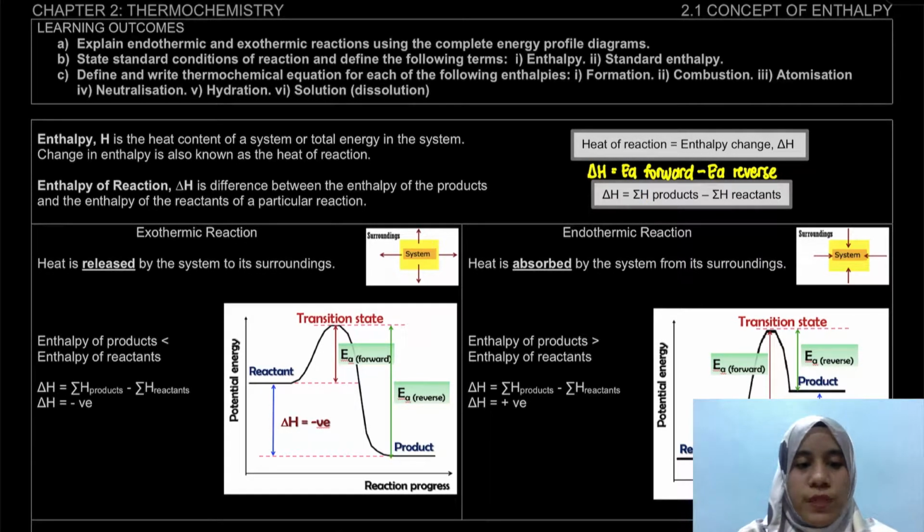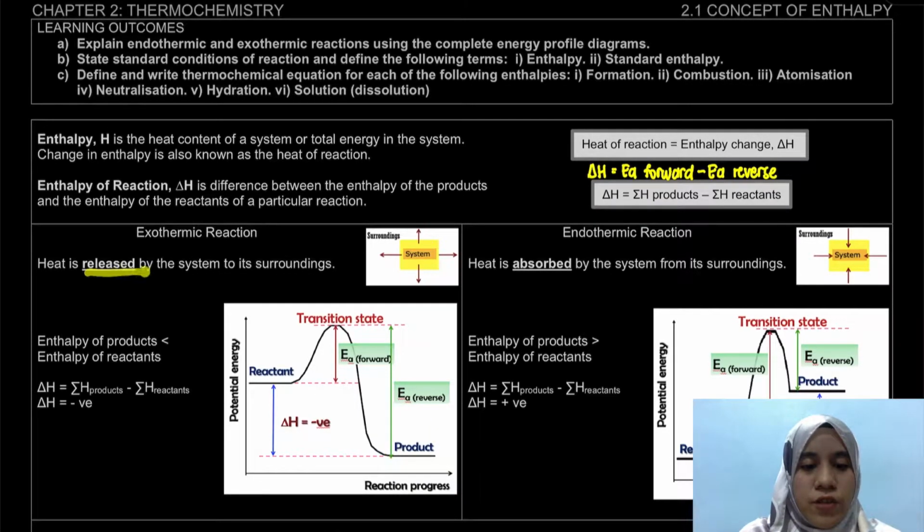We have two: one is exothermic, one is endothermic. For exothermic, heat is released by the system to its surrounding. So at the start of the reaction, the heat of the reactant is considered high. Once the reaction progresses, the heat of the system will decrease, or the heat of the product will decrease. Why?